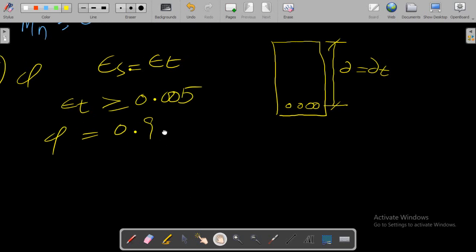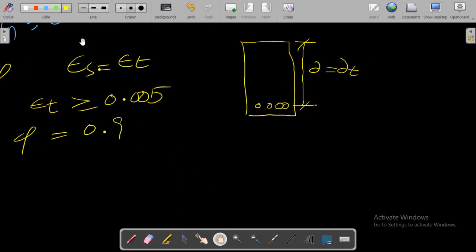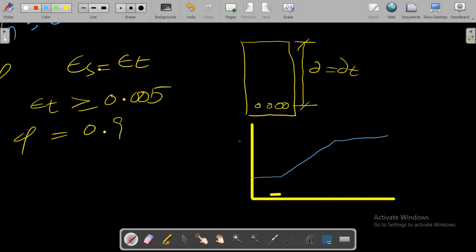We know the graph. I have already recorded a lecture on it, in part 9, how to adjust the phi factor. So this is my graph. This axis denotes the phi value, and this axis denotes the epsilon t value.